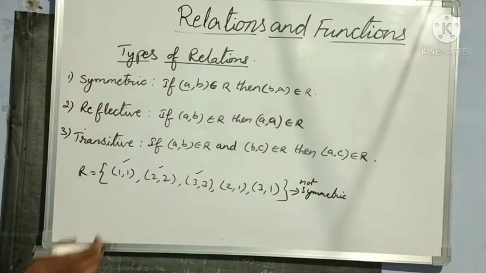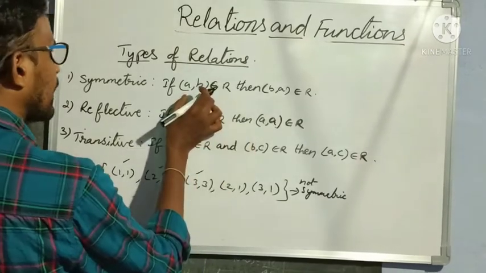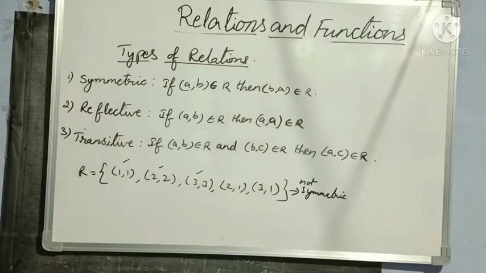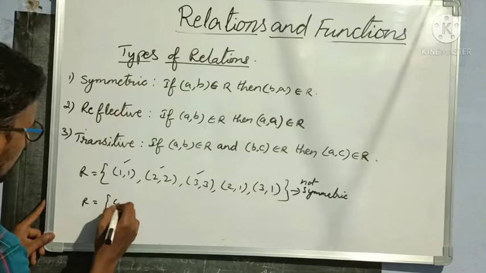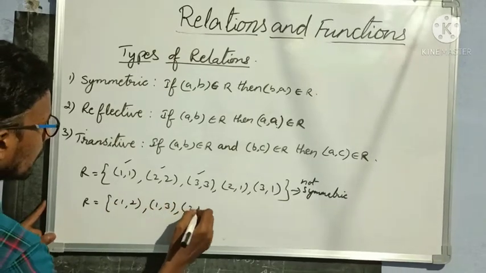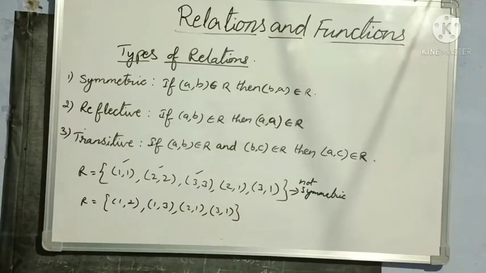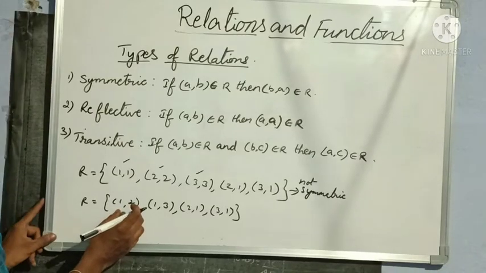So every element should be there such that if (a, b) is there, then (b, a) also should be there. Then such relation is called symmetric relation. For suppose I am taking one more example. (1, 2), (1, 3), (2, 1), (3, 1). Okay? Now if you see, (1, 2) is an element.